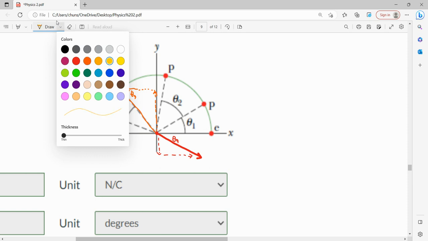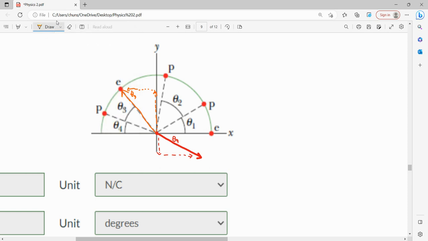Right, next we have a proton, so that means we're going to have a deflective force. And this angle here is equal to theta 2 plus theta 1, right? Because we want this whole arc here, plus theta 4.